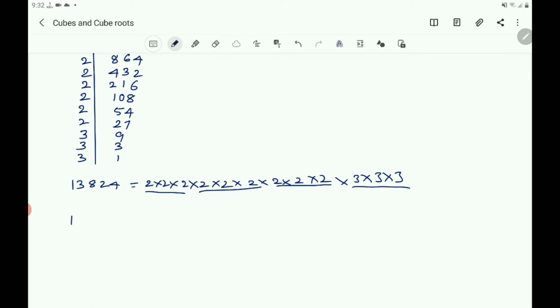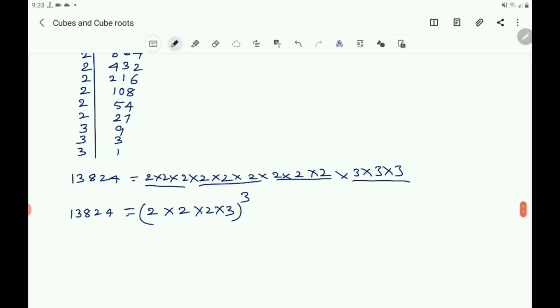Here you will get 13,824 equals, for one group you write 2, for the second group again you write 2, for the third group also you write 2, and for the fourth group you write 3. That is a whole cube you will get, because in each group there are 3 equal numbers, so it becomes 2 into 2 into 2 into 3 whole cube.